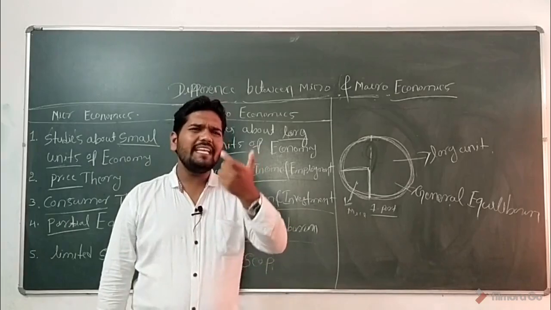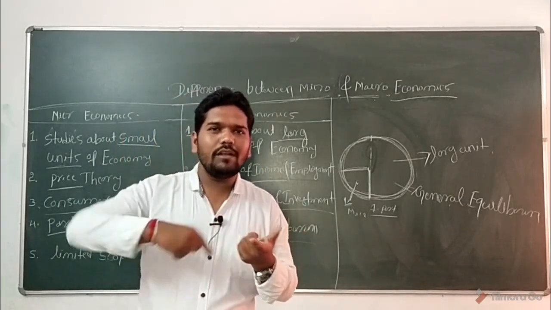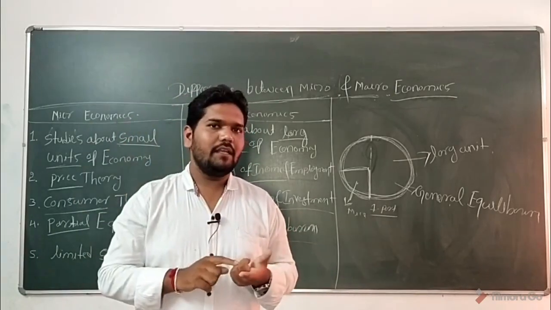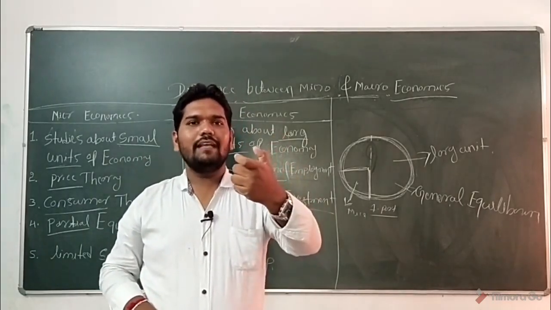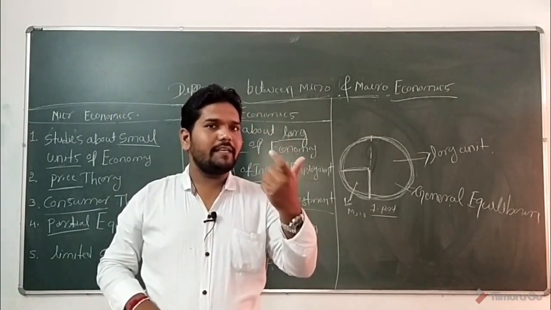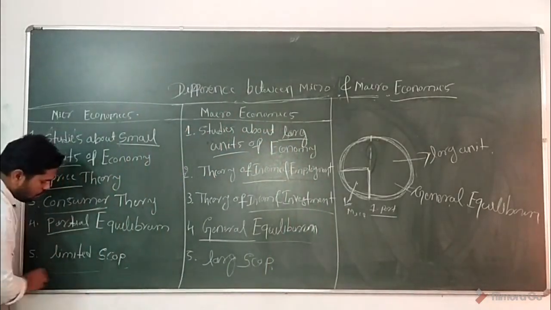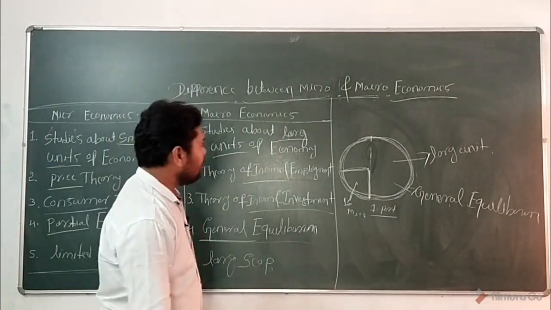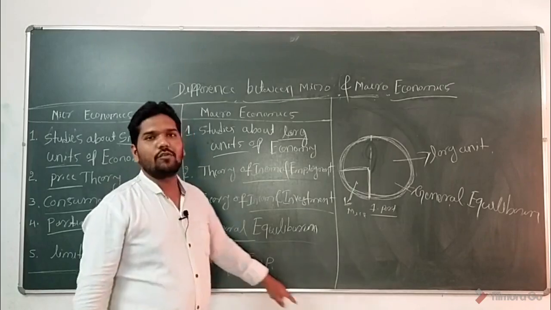It is very limited, because microeconomics studies only one part of the economy, only small units. That's why microeconomics has limited scope. The fifth point is limited scope. Macroeconomics, fifth point, is large scope.